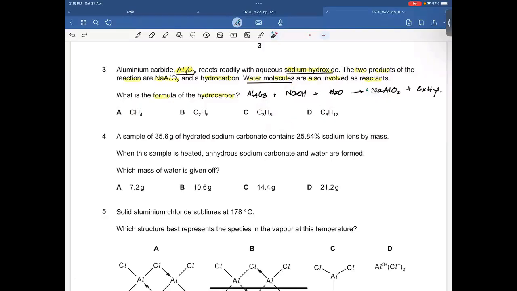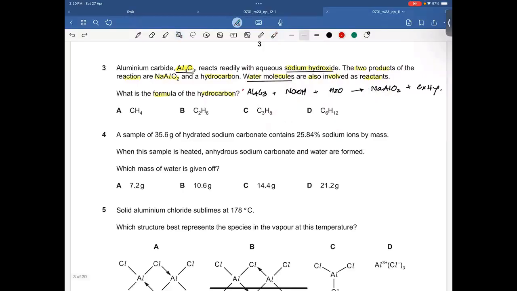Let me think. What we can do is, let me put 2 here. So total aluminum is 8. Total sodium is 8. How many oxygen atoms so far here? 8 times 2, 16. We have 8 oxygen atoms here, so in order to complete 16, we need to put 8 here.